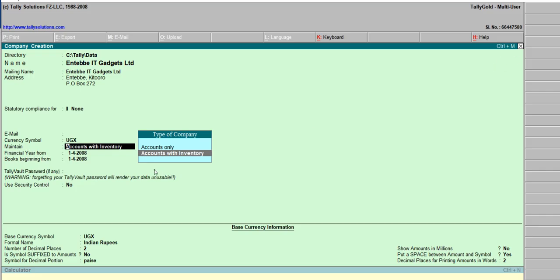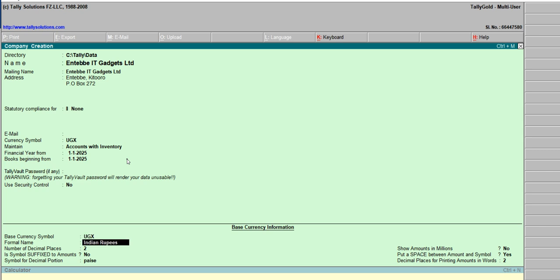Now maintain accounts with inventory. Let's maintain accounts with inventory. Financial year from, we can use 1st January 2025. Books beginning from. Password, we can skip that. Base currency information.